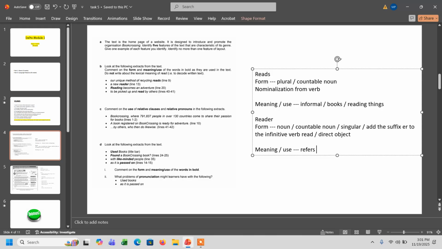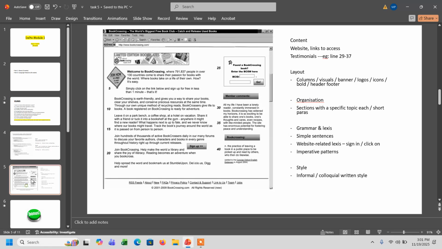It refers to a person, obviously. And what else? Always go back to the text. We are talking about line number 13. Reader. They don't want to repeat the word person, people.